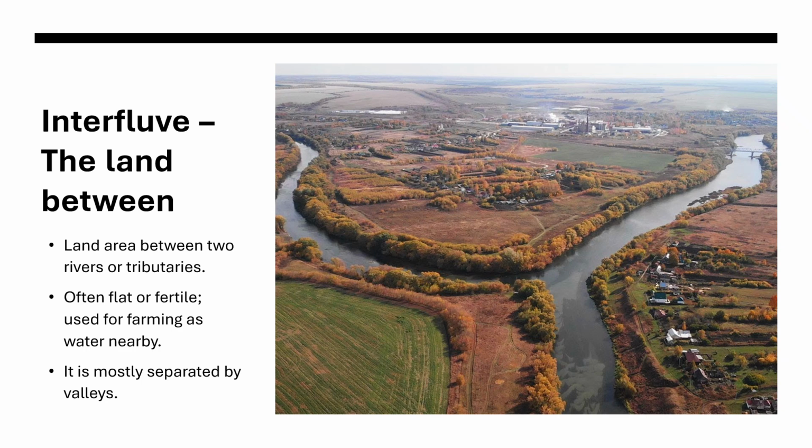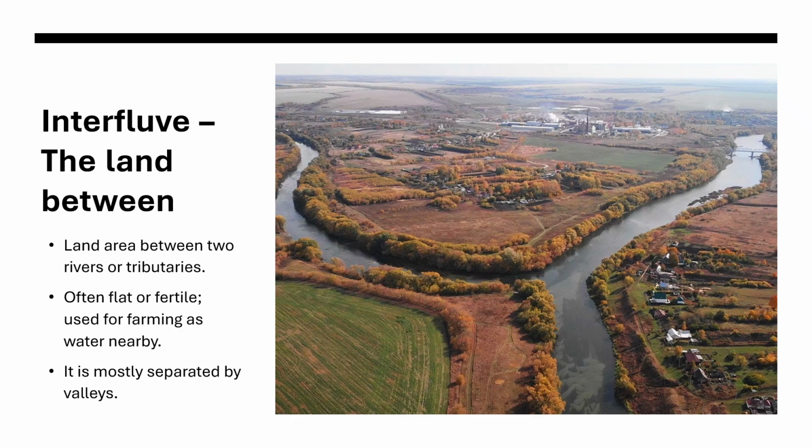The interflow is a land area between two rivers or tributaries. As you can see here, we have two tributaries, or three rather. So the land in between is called what? The interflow. It's often flat or fertile. As you can see, this land here is flat and fertile.